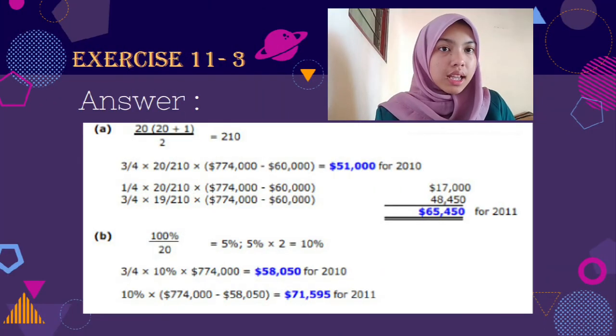The answer is A. 20 plus 1 is 21 multiplied by 20 divided by 2 is 210.